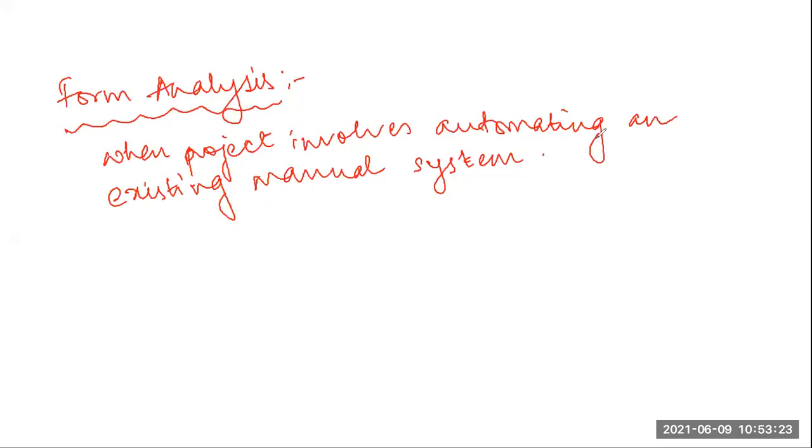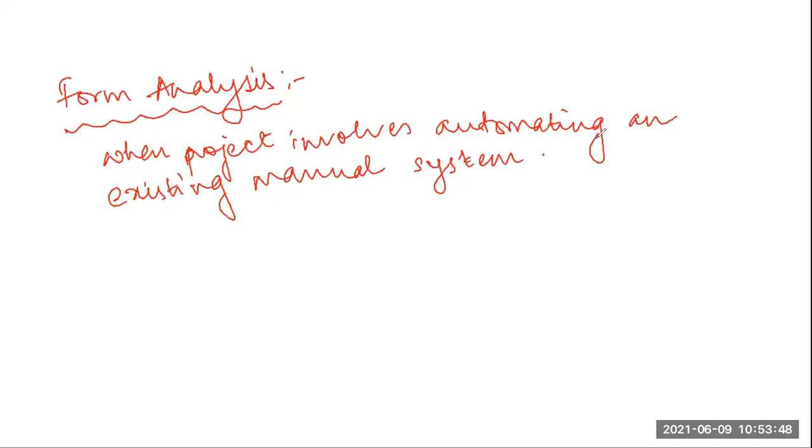These are the forms which are distributed, which are taken, and the notifications that are there. In form analysis, the existing forms and formats that are produced are analyzed to determine the data that is input to the system and the data that is output from the system.